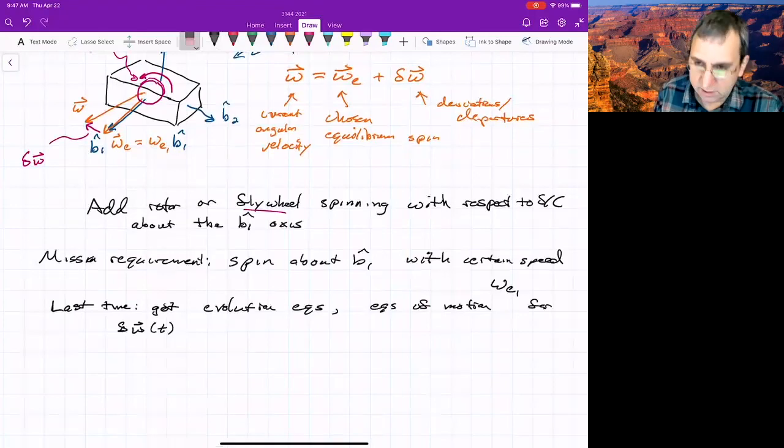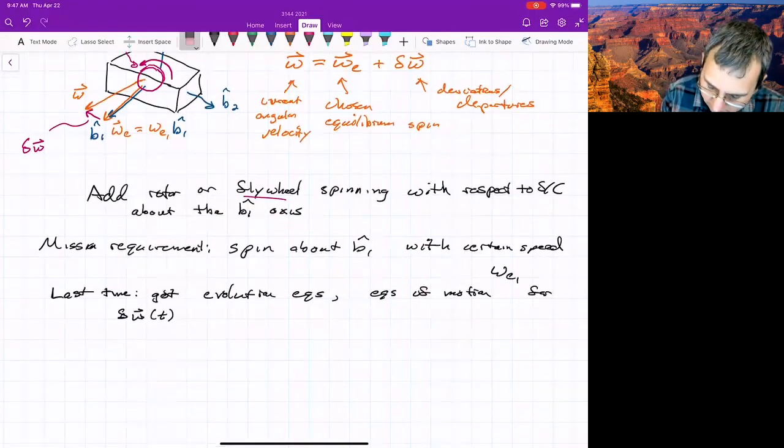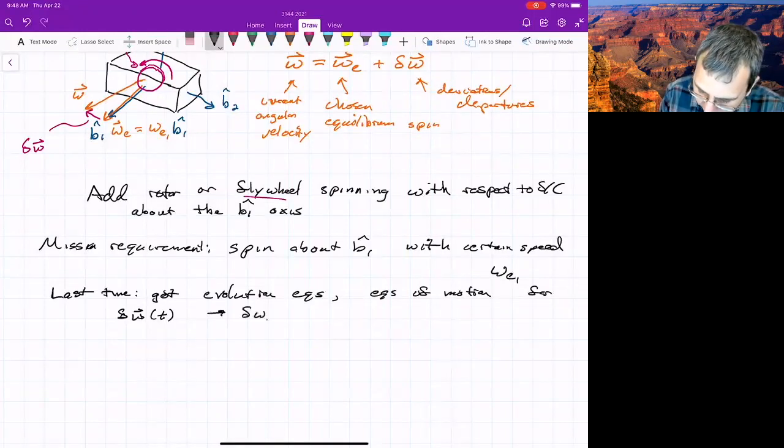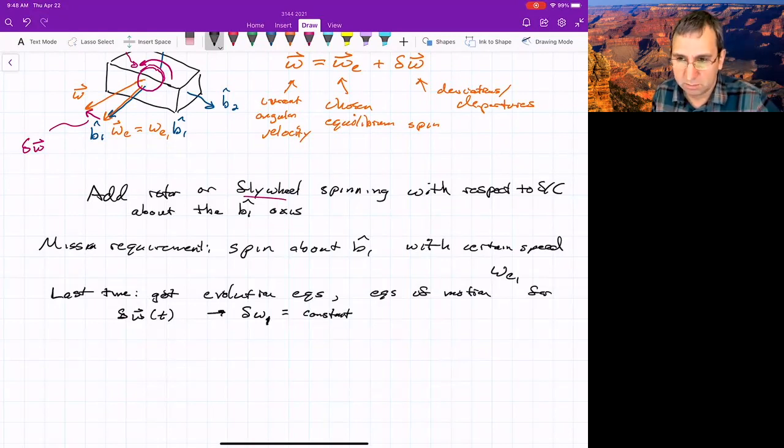So we found that delta omega 1 is just a constant. So if it starts out small, it stays small. It doesn't do anything. It's just a constant.